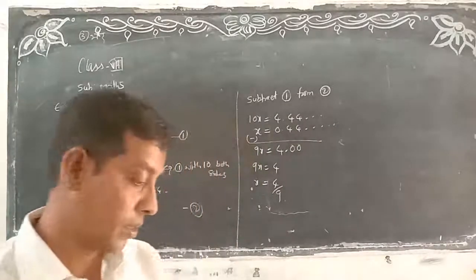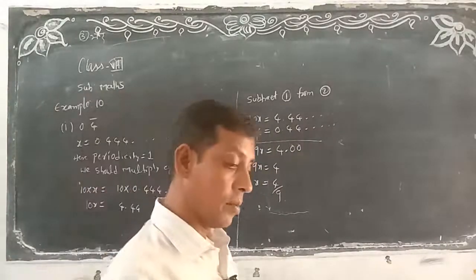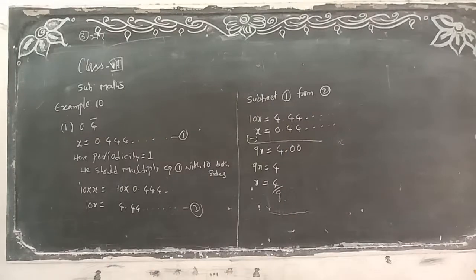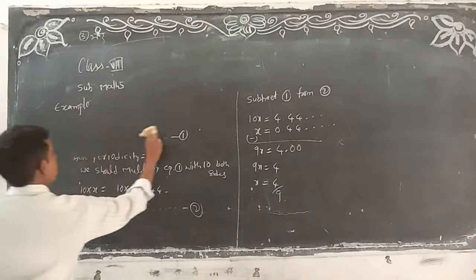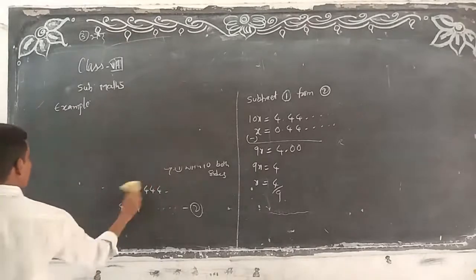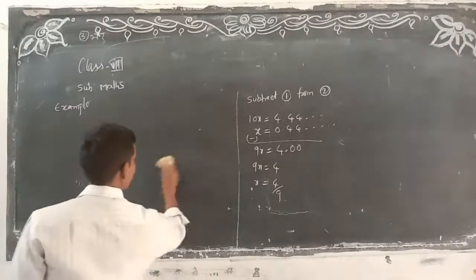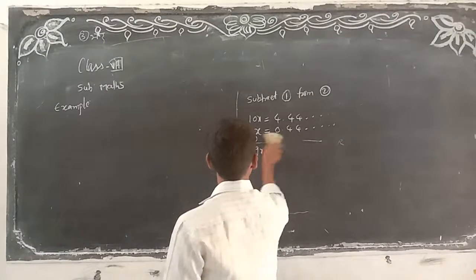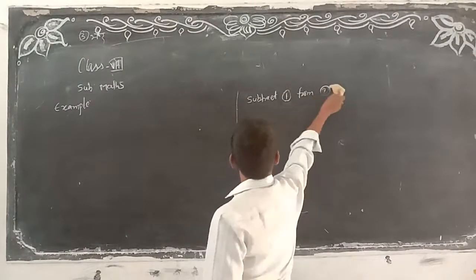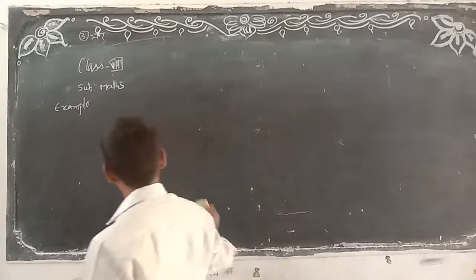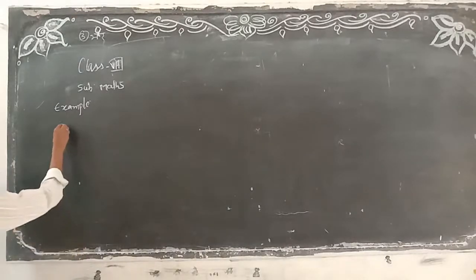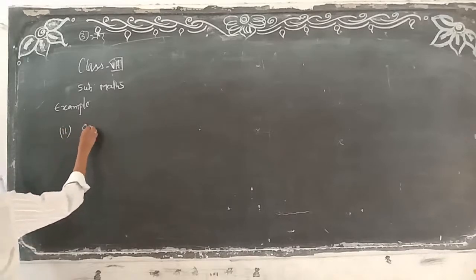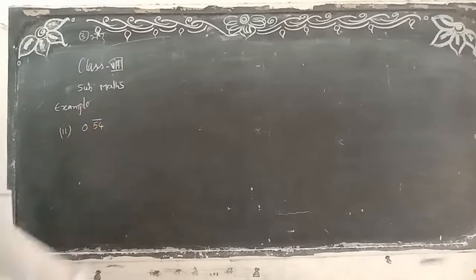Next is the two-number case. Look here. Second one: 0.54 bar.